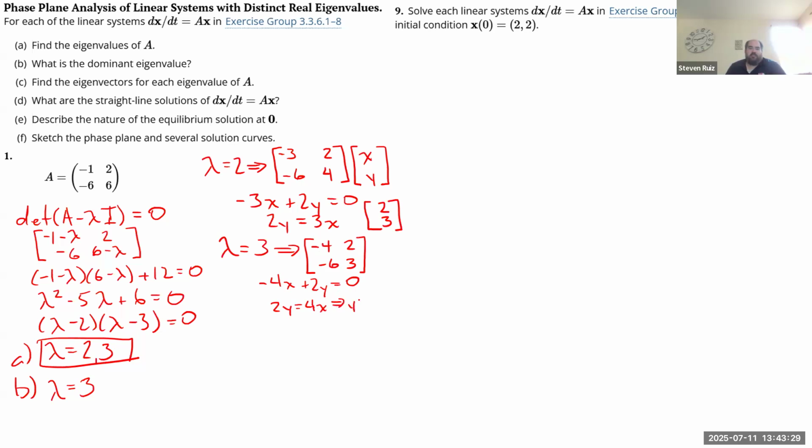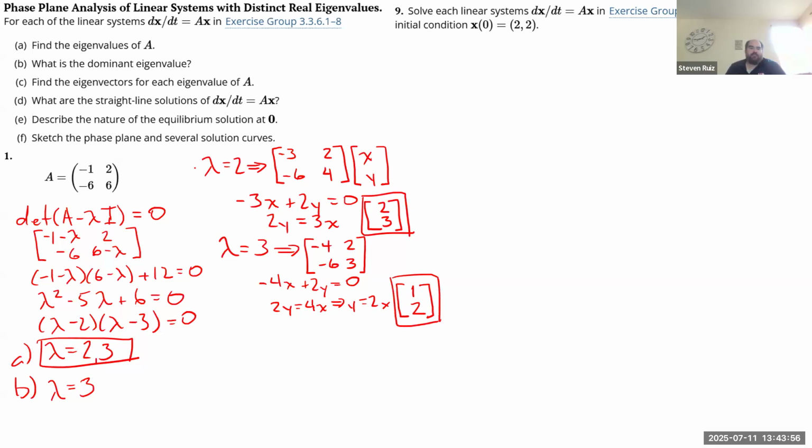I can reduce one more time, y equals 2x. So I can make an eigenvector that fits that. As long as my y coordinate is double my x coordinate, I'm fine. So I'll go with 1, 2. If x is 1 and y equals 2, that fits. So my eigenvectors are these two vectors.